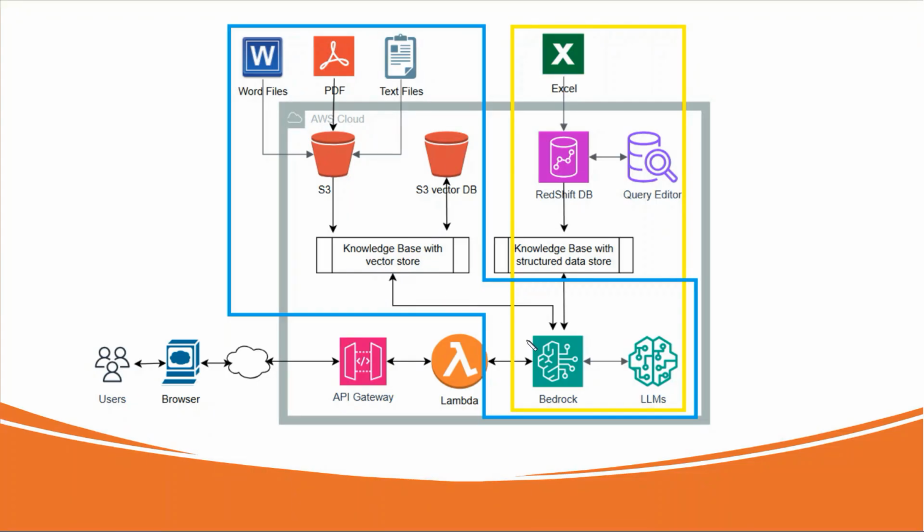What this does is it will read our data which is out there in the S3 bucket, which contains our Word file, PDF file, and text file, and it will start processing it. Before Bedrock processes this data, internally it has a concept to build a vector database.